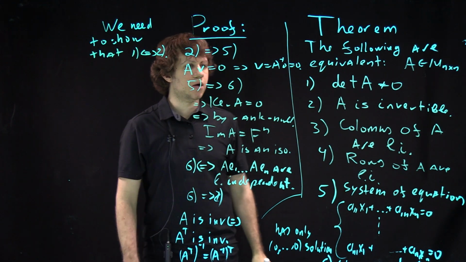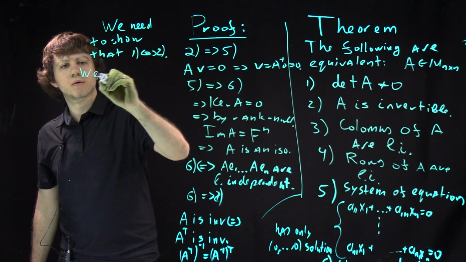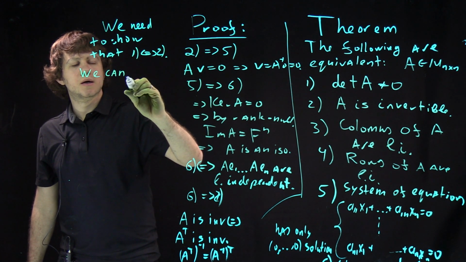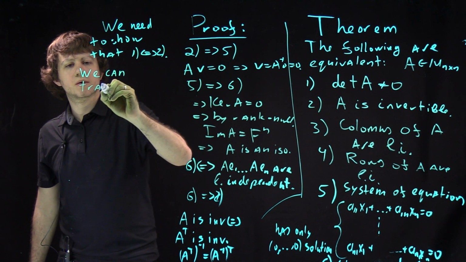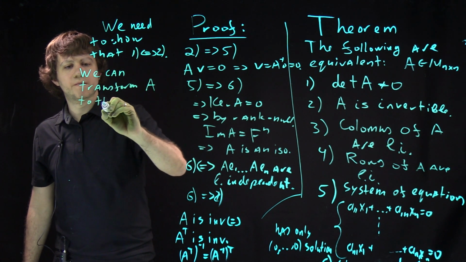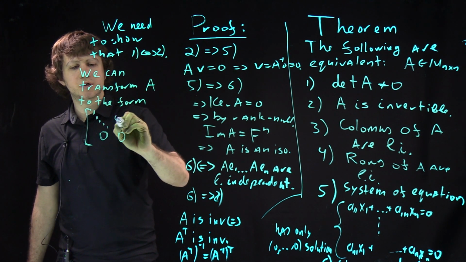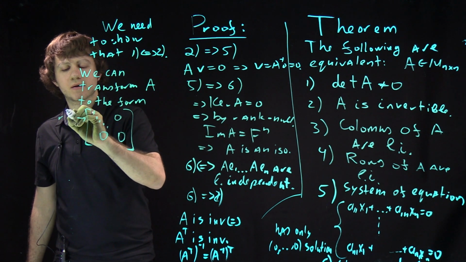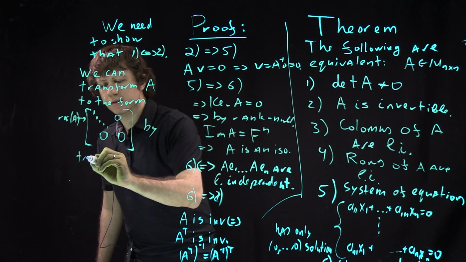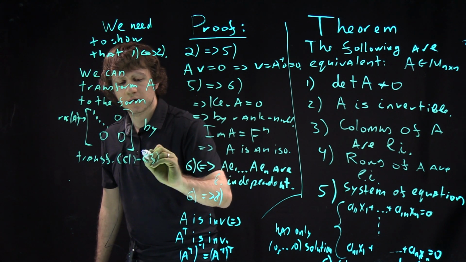And this is really now not very hard, because we can transform A to the form with ones on the diagonal and zeros elsewhere, where the number of ones is the rank of A, by elementary column and row transformations.